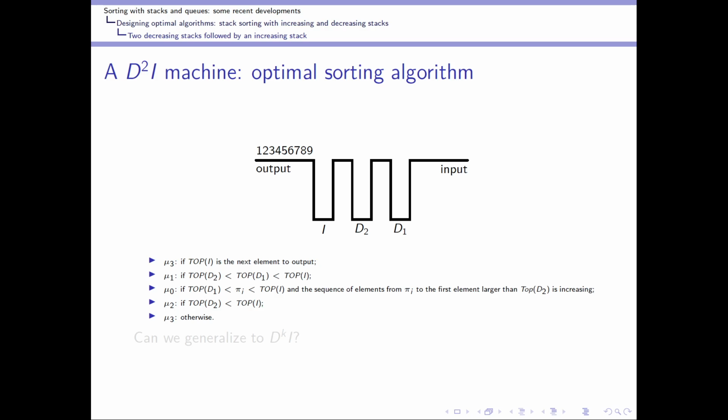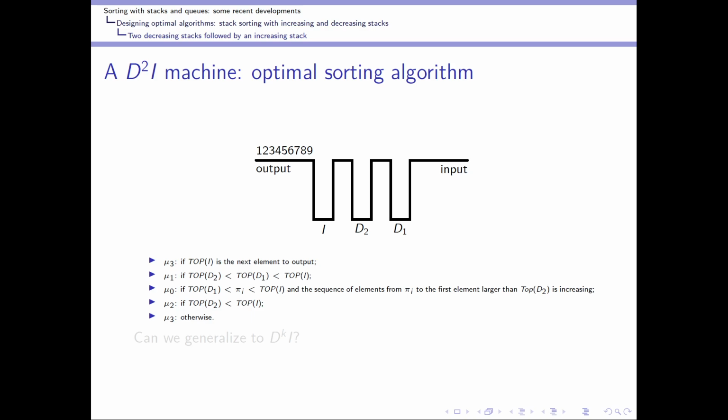We have made no attempt in this direction for the moment, but having an optimal sorting algorithm often helps to count sortable permutations. And if we believe that there is some analogy between the DDI machine and the two stacks in series machine, solving this counting problem for the DDI machine may give at least some hint on the proportion of sortable permutations also in the two stacks in series case.